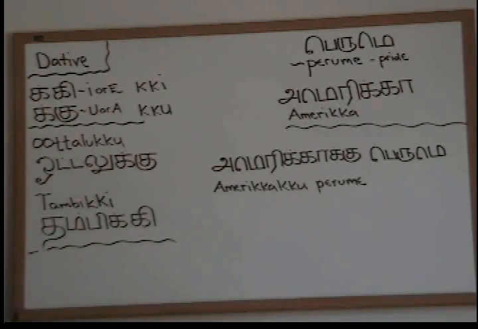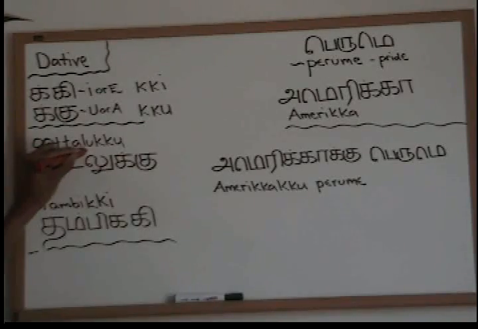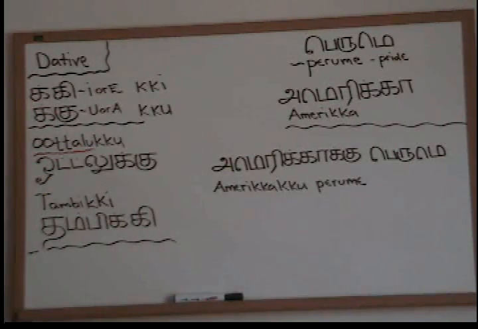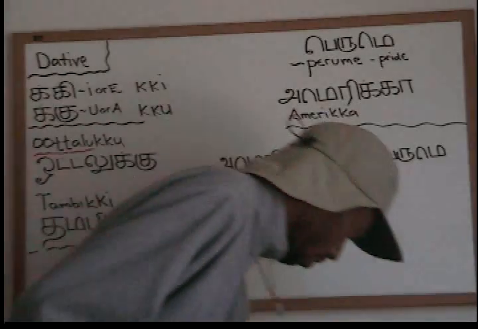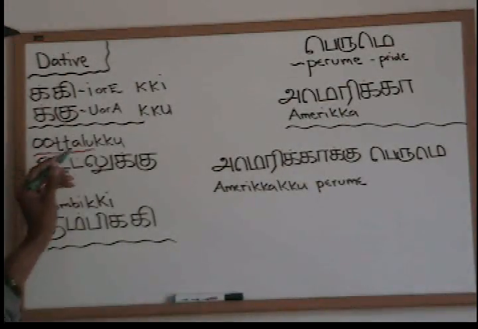I have two examples here. The first example we're going to use is otalu ku. The original word is otalu, which means hotel. As you can see, we have the ku here.